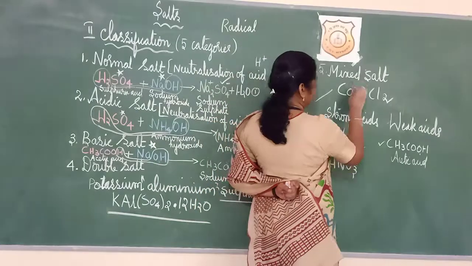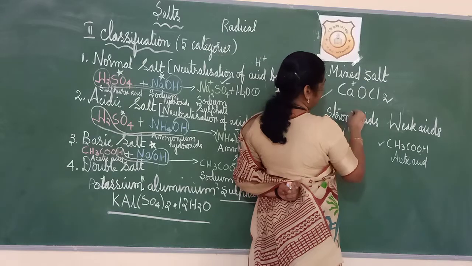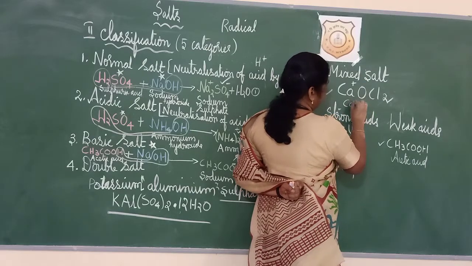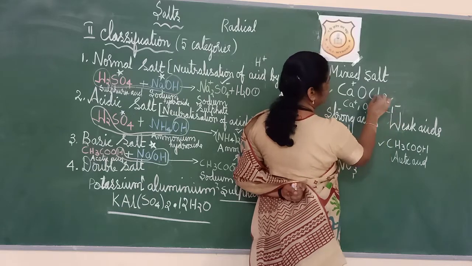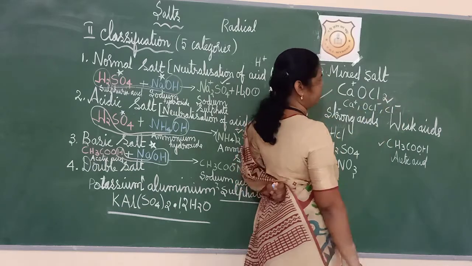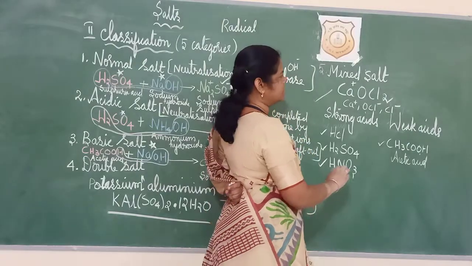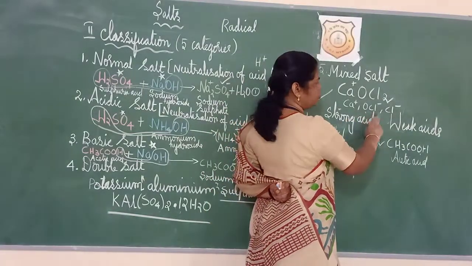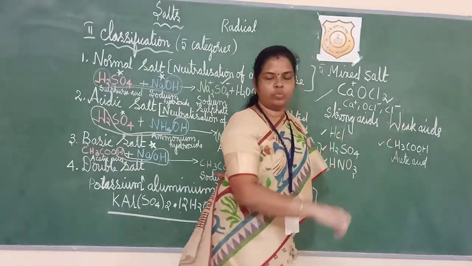See here, Ca is plus, right? This is one anion. So Ca plus, OCl minus, Cl minus. Two anions can be taken and one cation is there. So this is called a mixed salt. It is not compulsory that always one cation and two anions should be there. It can also be two cations and one anion.